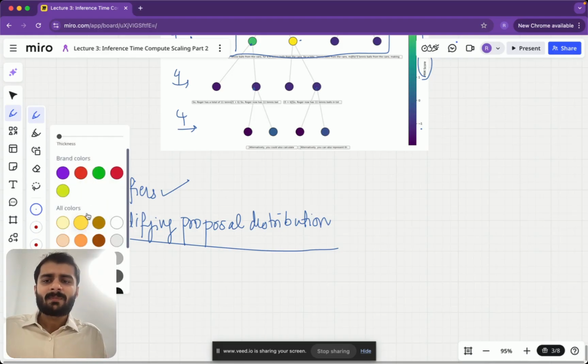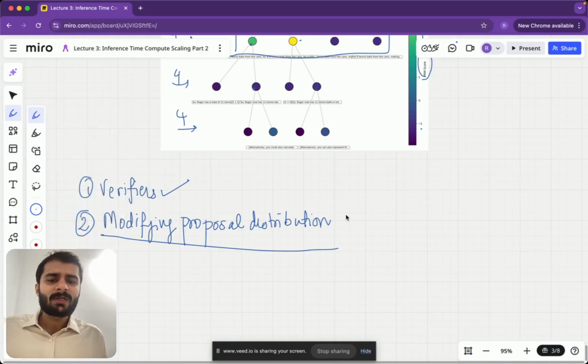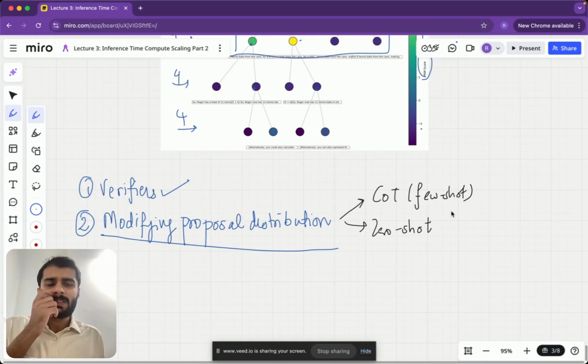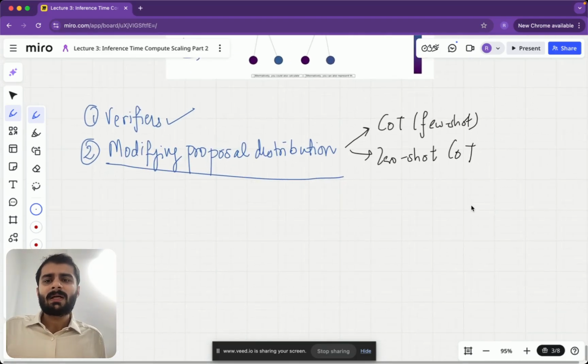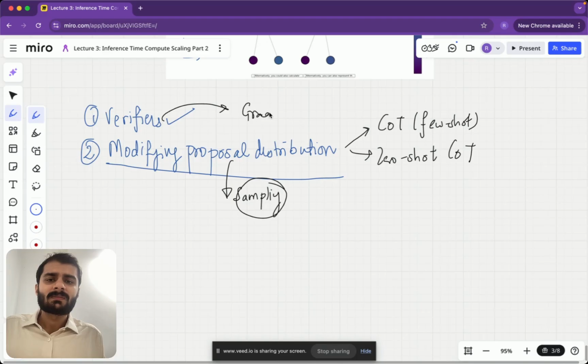So what comes under proposal distribution is chain of thought reasoning, which is few shot, as well as zero shot chain of thought reasoning. These are examples of prompting strategies which can modify the proposal distribution. So you can essentially look at these two methods as, this is the sampling method, which samples or generates different answers, and this is the method which grades different answers.